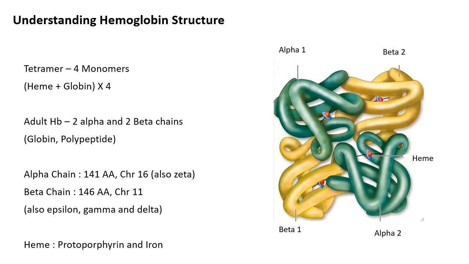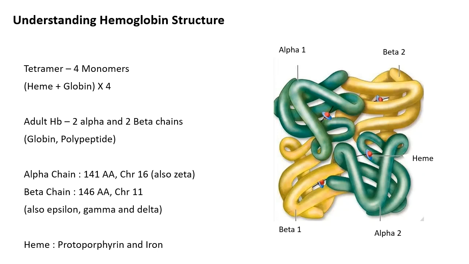I'll start with the hemoglobin structure. Hemoglobin structure is a tetramer of 4 monomers. That is, heme plus globin forms 1 monomer, and in this way 4 monomers are present. Adult hemoglobin is 2 alpha and 2 beta chains. Each chain is a globin chain and it is a quaternary structure of polypeptides.